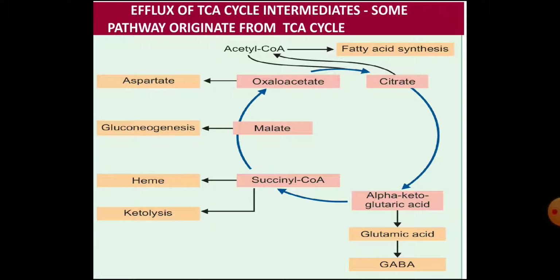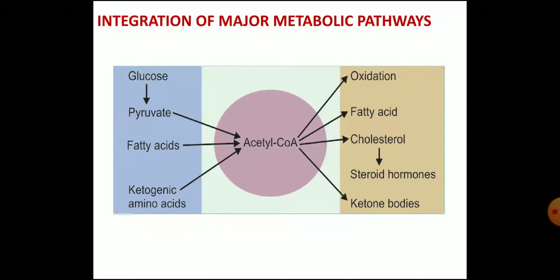Then citrate from the TCA cycle can be acted upon by the enzyme ATP citrate lyase, and acetyl coenzyme A can be released, which can be used for fatty acid biosynthesis, or acetyl coenzyme A formed from pyruvate can also be used for the synthesis of fatty acids. Okay, so like this, many pathways can originate from the intermediates of the TCA cycle.